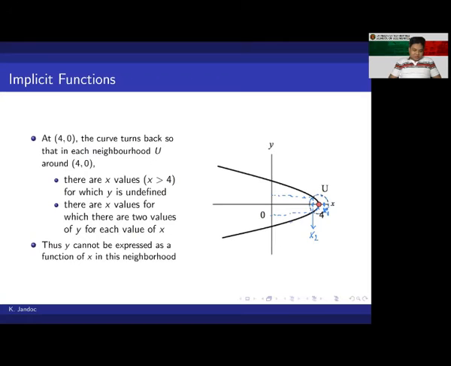So in this case, you cannot explicitly express y as a function of x, because for each x to the left of 4 in this neighborhood, there are two values for y. When x is to the right of 4, it's undefined. To the left of 4, around this neighborhood u, there are two values of y. So in this case, there is no way you can express y as a function of x in this neighborhood u.